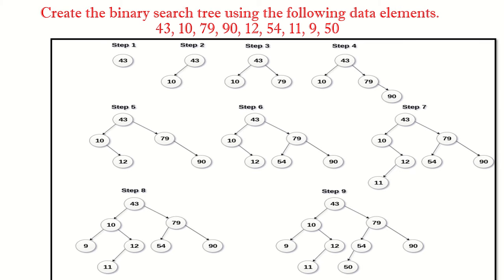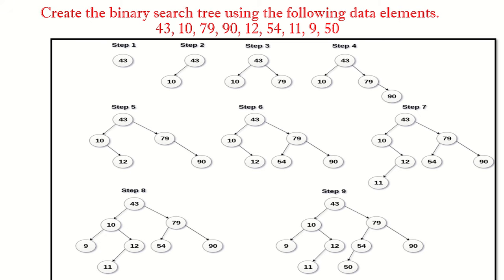So to begin with, the first element to be inserted is 43. Initially, the tree is empty. So we insert 43 and 43 will act as the root node as well as the leaf node as of now.